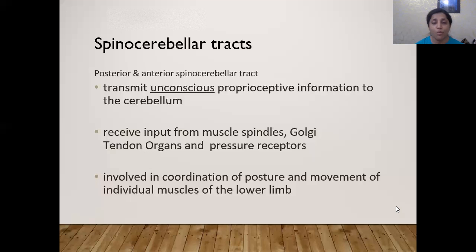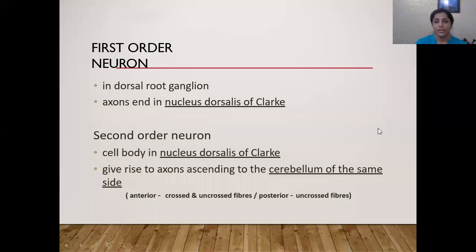He or she learns to walk as the sensations develop. Initially, they stumble, they fall from the bed, because these sensations are not very well developed when they are born. These sensations develop with growth, with physical and mental activity. And this is a very important segment that tells us about the activity of the spinocerebellar tracts.